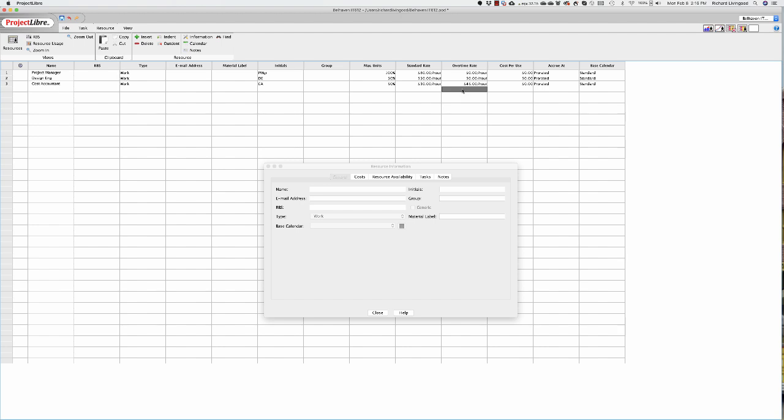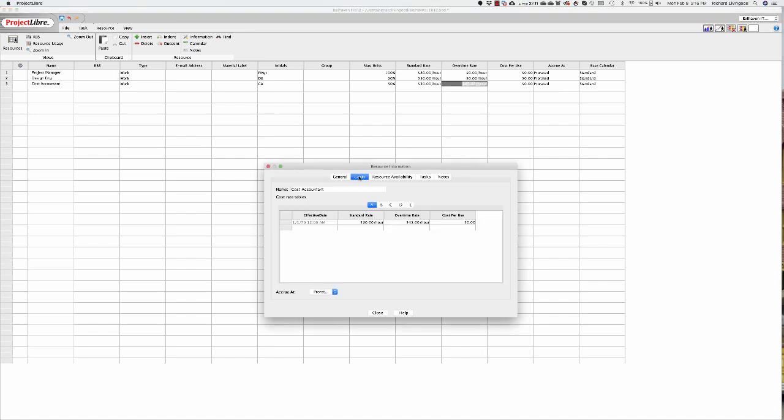Now, I'm not going to use the overtime rate in our calculations here, but this is the actual amount for the cost accountant. Notice that there is a resource information pop-up box that you can have. Makes it sometimes a little easier to work with. You saw some of the issues I was having. And notice there's the rates.